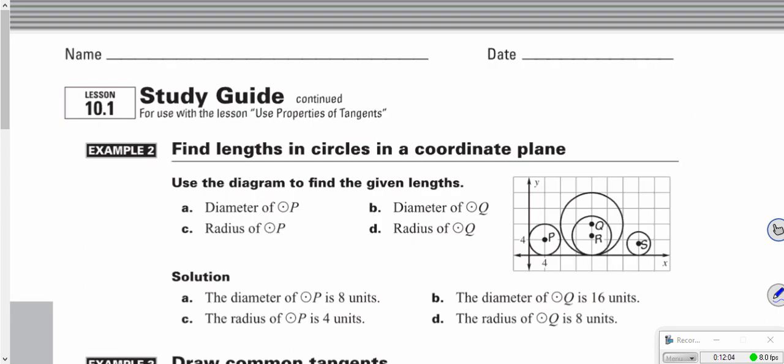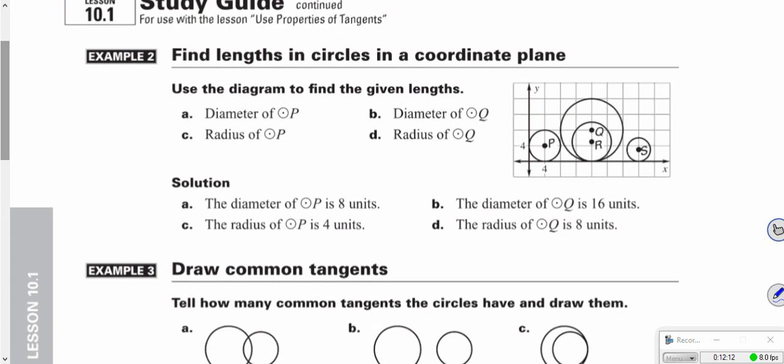Now, find the lengths and circles in a coordinate plane. Let's look at example 2 here. Use the diagram to find the given lengths. I think this is pretty self-explanatory. The diameter of circle P, here's circle P. Notice first of all, the blocks are counting by 4.